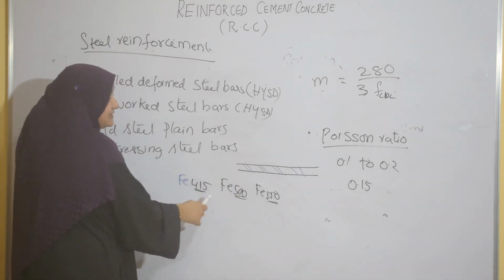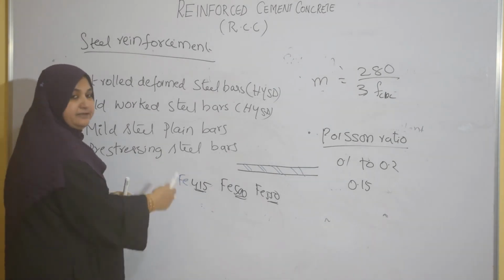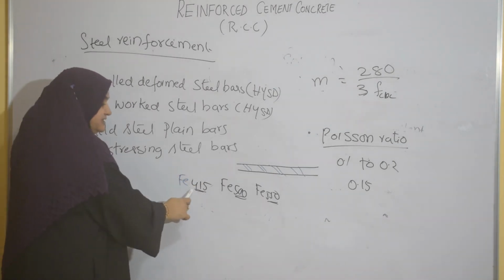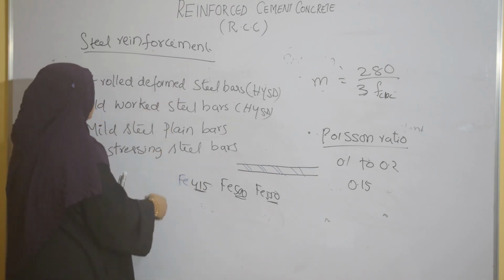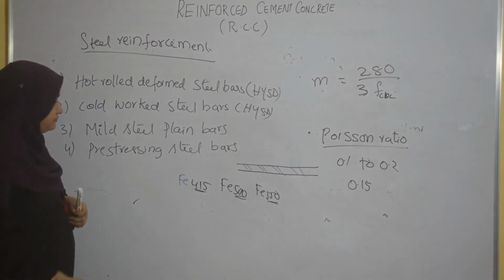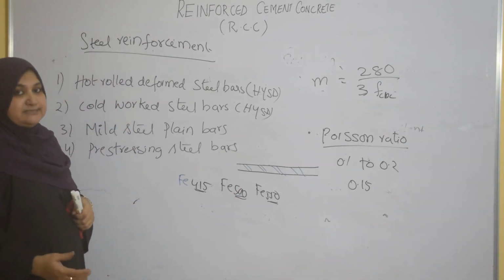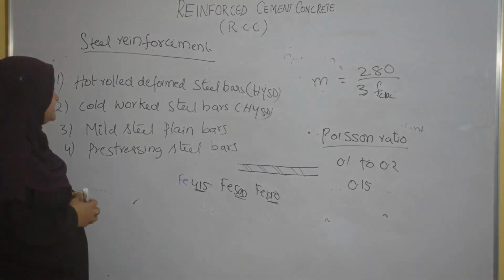Just as concrete was represented by M, here it is represented by Fe. This number indicates the strength of that bar. For most RCC structures, we use type 1 and type 2 of these three strengths depending upon the design results.